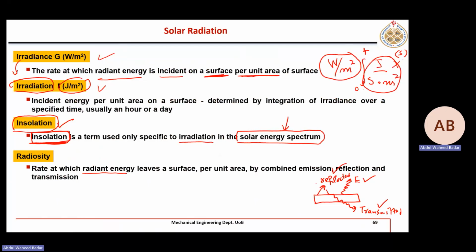If you sum them all, then this is called radiosity, right? The total amount of radiation which is leaving a surface, not just by emission, but also by reflection, and maybe transmission if it is a transparent material. So the sum of all these is called radiosity.